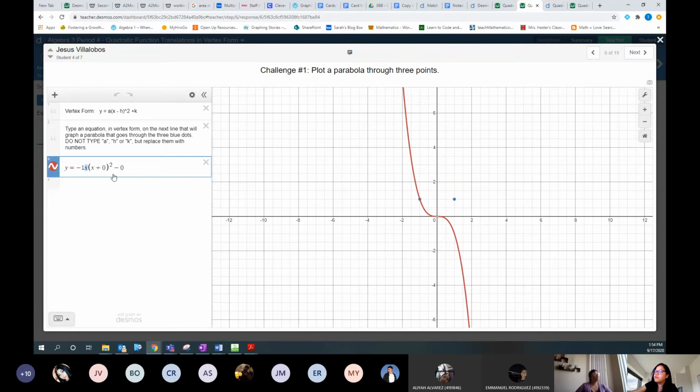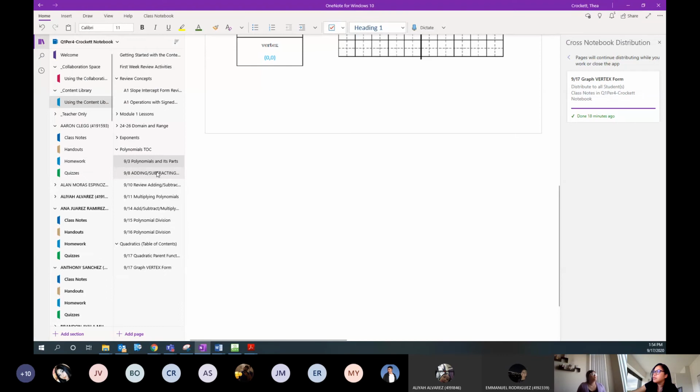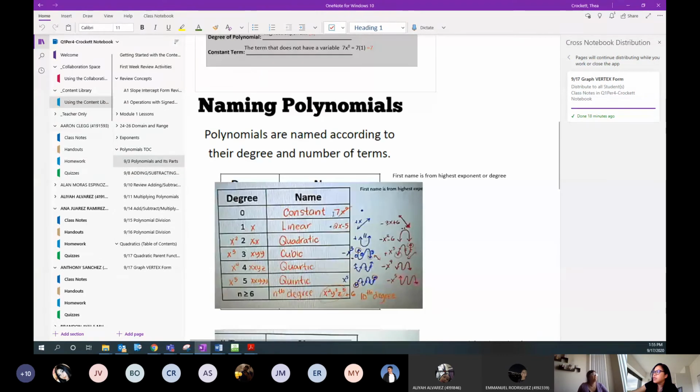So now you have 3 x's. And that's why you have a cube. So remove the x. We go back to polynomials. This is the x. You're doing cubic.